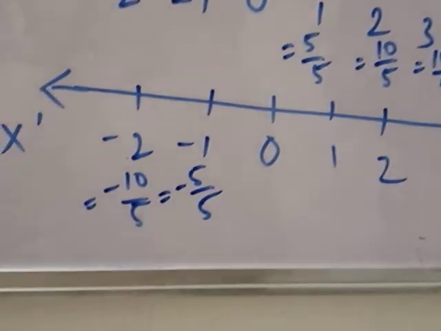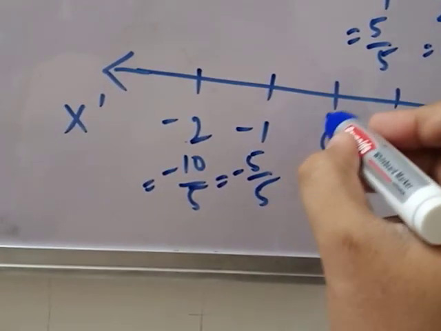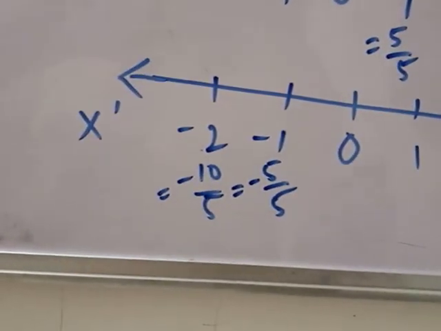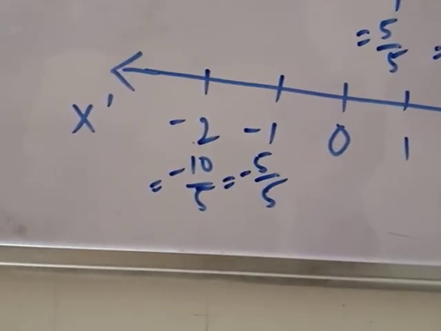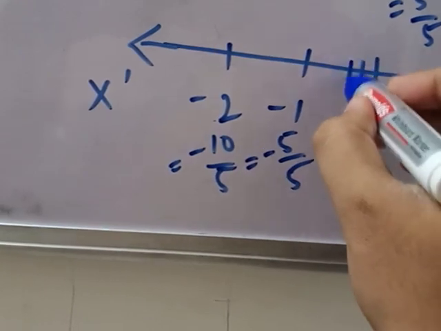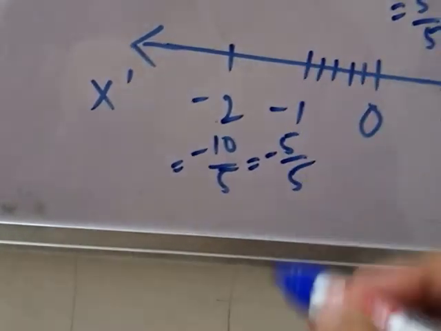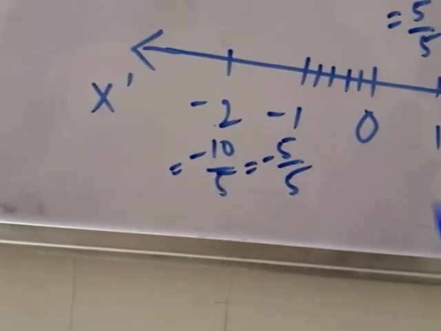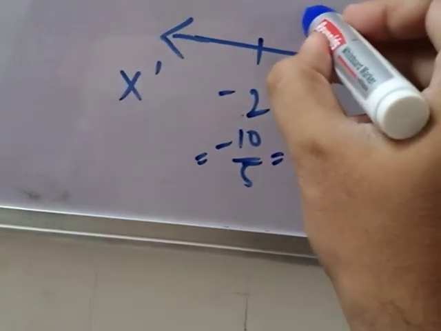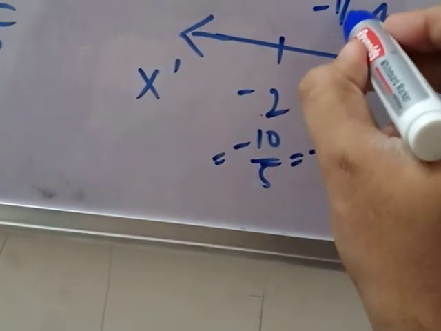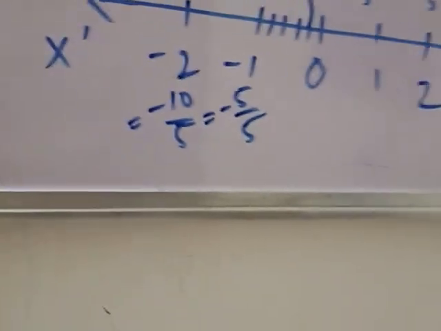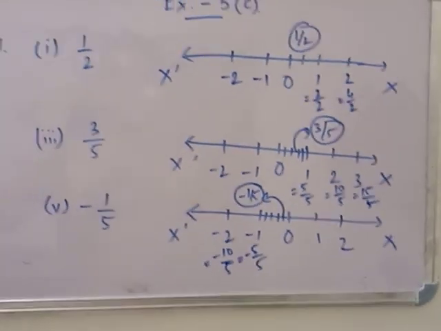So in the minus 5 by 5, we can express 0 to minus 1 and divide it into 5 equal parts. So 1, 2, 3, 4 and 5. Now choose the minus 1 by 5. So the first is minus 1 by 5. Okay.